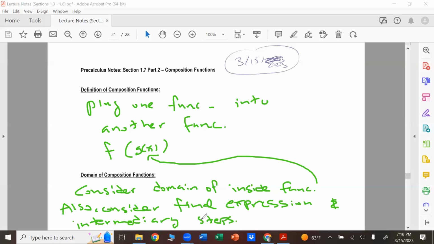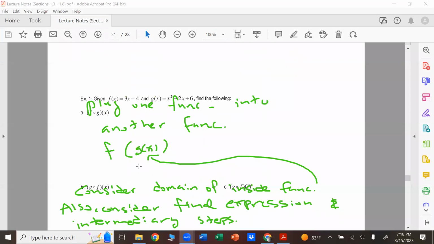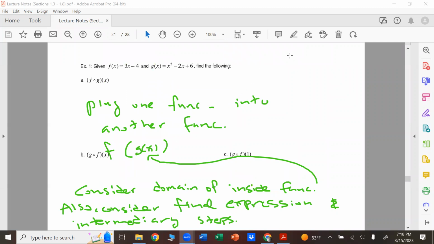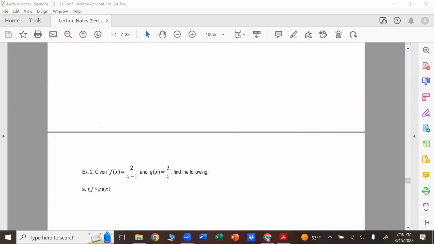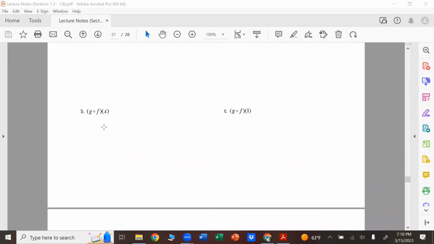So any steps along the way where there could be a restriction, you're going to have to consider that. So that's what's going on there. So now let's actually put this into practice. First off, we're just going to focus on composition, then we'll do domain afterwards.